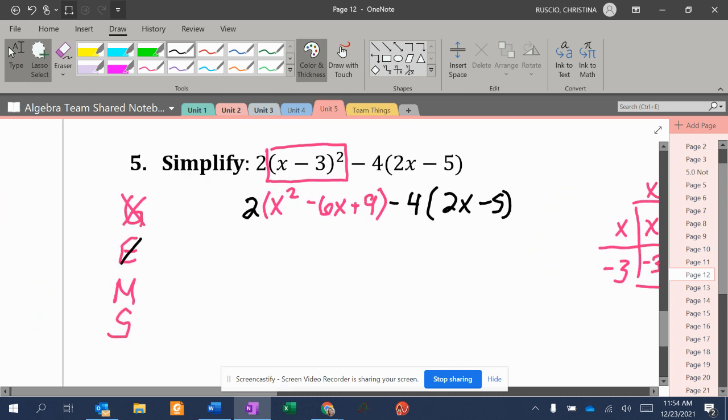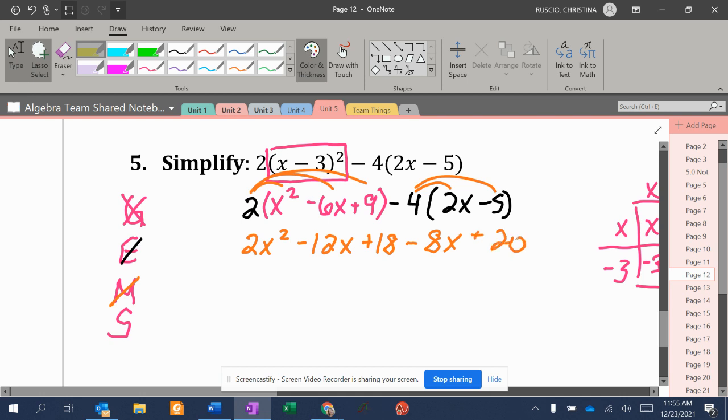We're done. Now we got to multiply or divide. In this case, we're going to distribute. So 2x squared. So this is getting multiplied to all 3 of those. And that negative 4 gets multiplied to 2 of those. So 2x squared minus 12x plus 18 minus 8x plus 20.